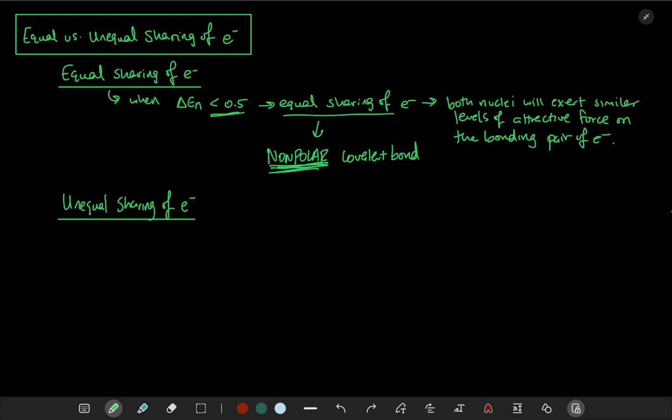And this is, again, because the nucleus of one atom will have a higher electronegativity and will exert a greater attractive force on the bonding electron pair than the nucleus of the atom with the lower electronegativity. So let's write that down.